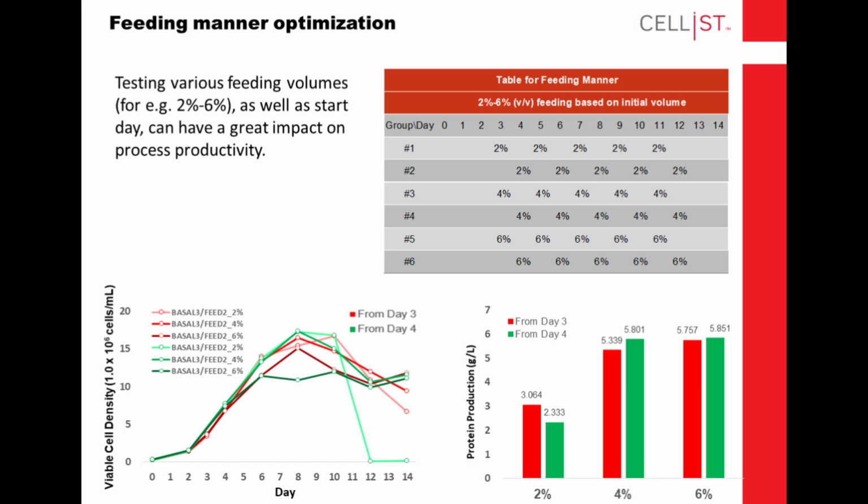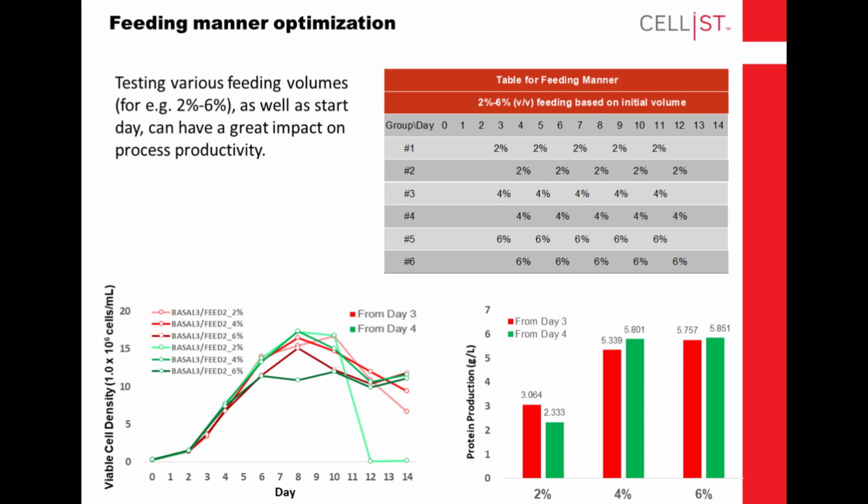In this example, 2, 4, and 6% were the conditions that were checked, and the starting day also varied between day 3 and day 4. In the results, in the lower right columns, you can see that there's a big difference between 2 and 4%. So 4% definitely shows much better productivity, better protein production.